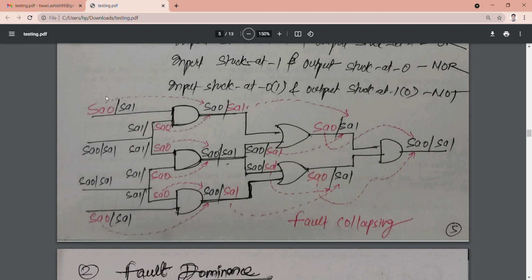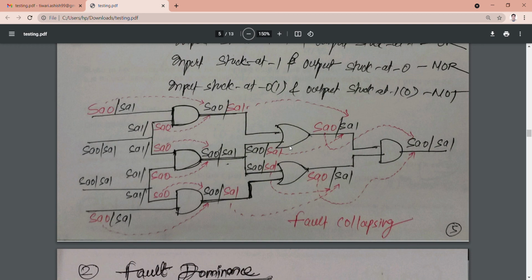So you don't need this SA0 and this SA0 because this SA0 is sufficient. Similarly in here also, this SA0 and this SA0 are not needed, this SA0 is sufficient. Similarly here also. Any one fault is sufficient to detect. If I detect the fault here, these two faults are not required.